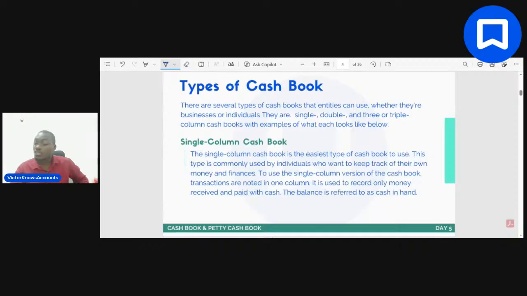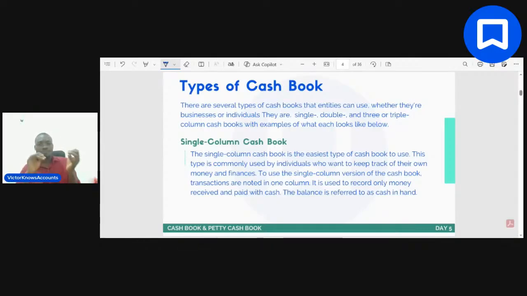Now, the first type of cash book that we have is your single column cash book. There are several types of cash books that entities can use, whether they are businesses or individuals. They are single column, double column, triple column cash books, and we also have something called the petty cash book. So, while talking about the types of cash book, notice that we have four types.